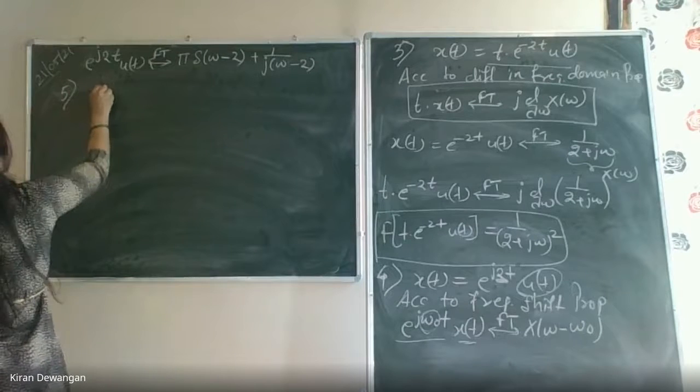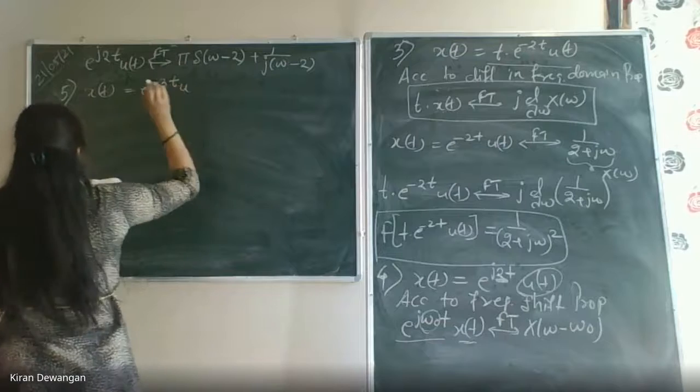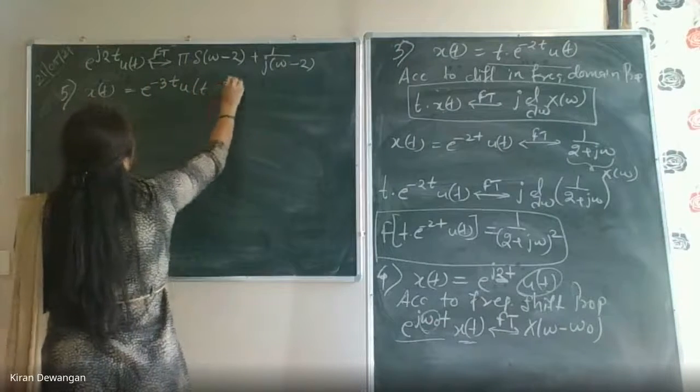Fifth one, if x of t is e to the power minus 3t u of t minus 2.